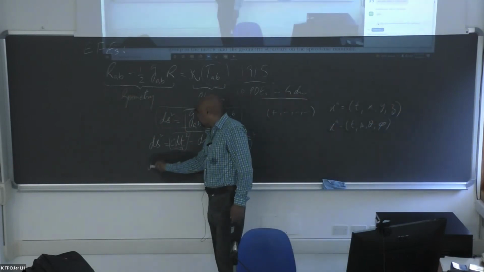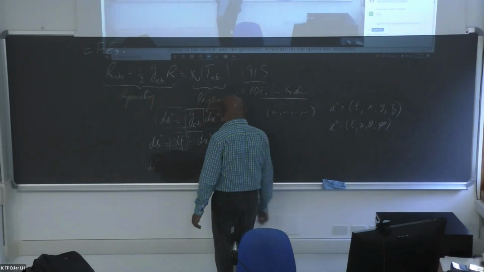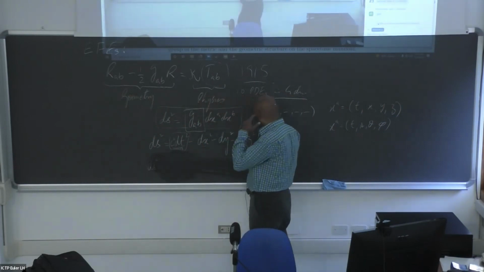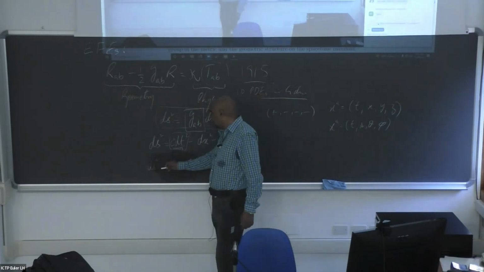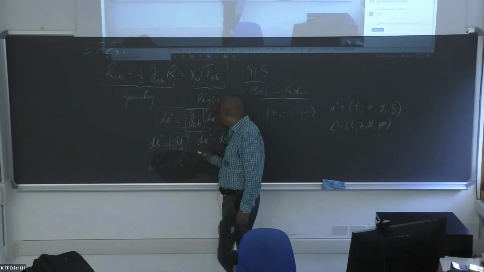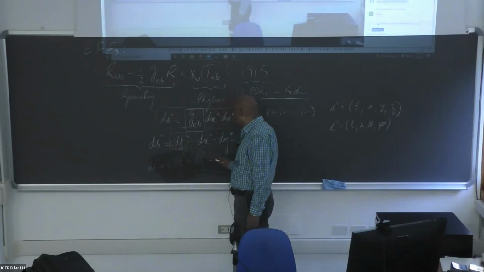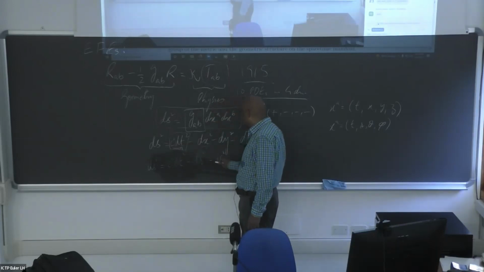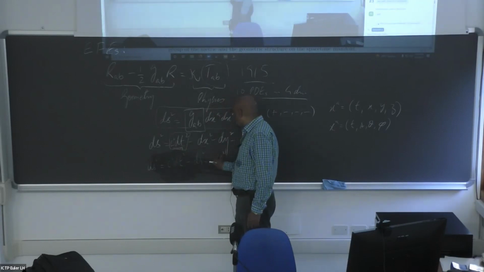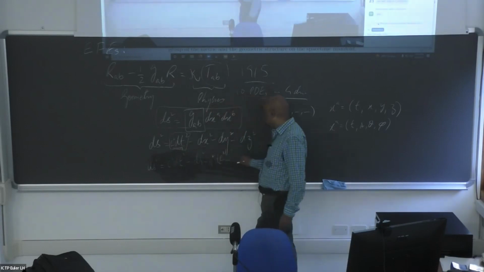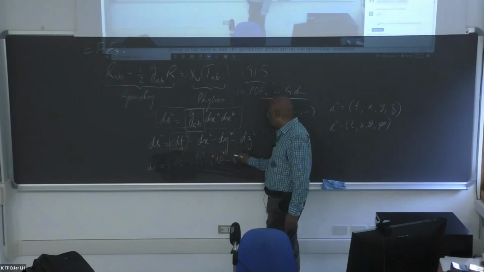So this is ds squared is equal to, again, c squared dt squared minus dr squared minus r squared d theta squared minus r squared sine squared theta d phi squared.